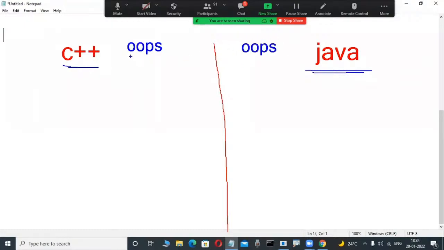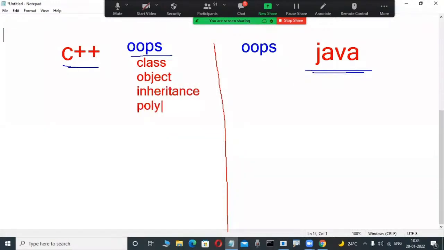OOPS concepts: maybe some fellows have an idea, class is a concept. Object is a concept. Inheritance is a concept. Polymorphism is a concept.